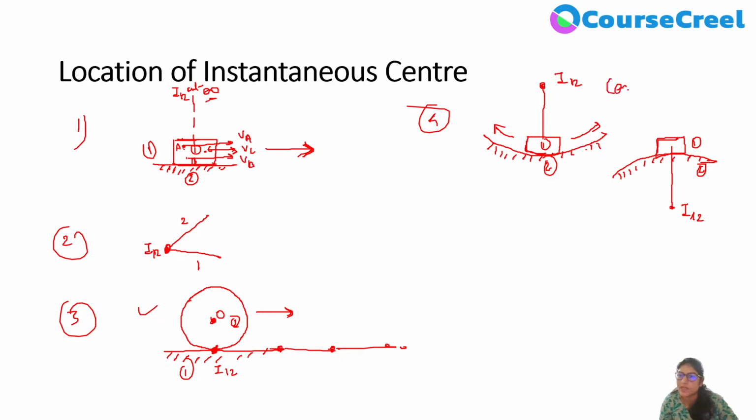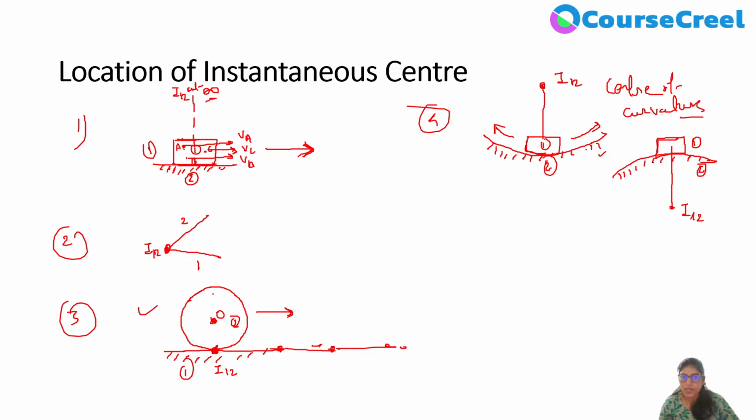So in this case we can write center of curvature. So whatever our instantaneous center will be, it will be at the center of curvature. But here this path is straight and this circle is moving over this path, so it will be on the point of contact only. Okay, here the condition changes.